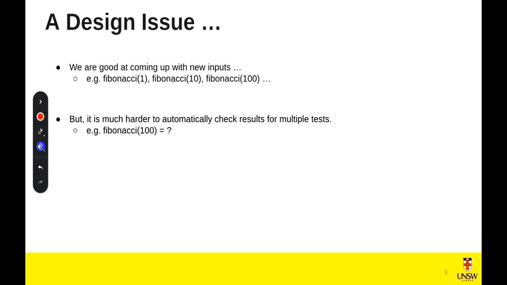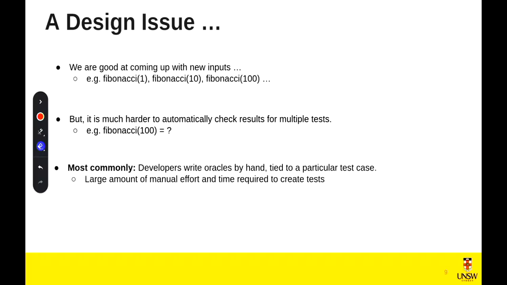So it's much harder to automatically generate the expected result. Most commonly, we have to write the test oracles by hand, tied to a particular test input. And we have to somehow get the correct or desired value manually. And this requires a large amount of manual effort.